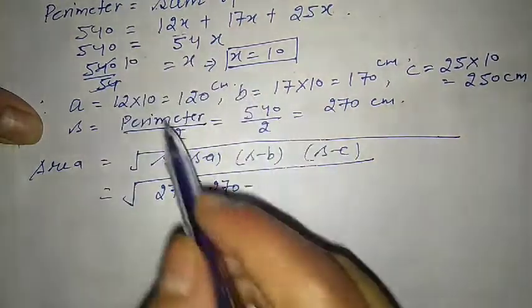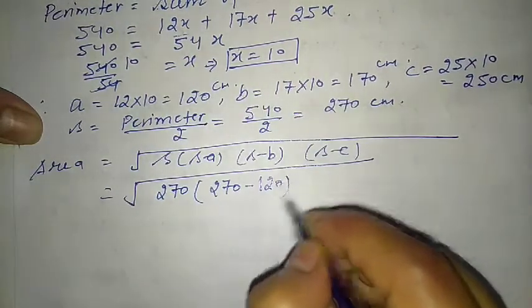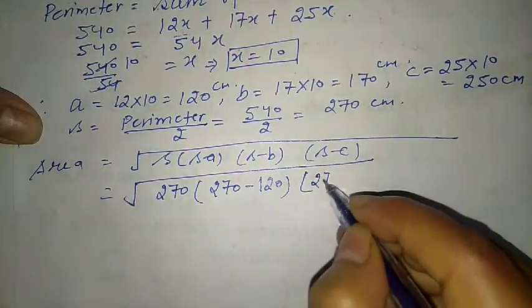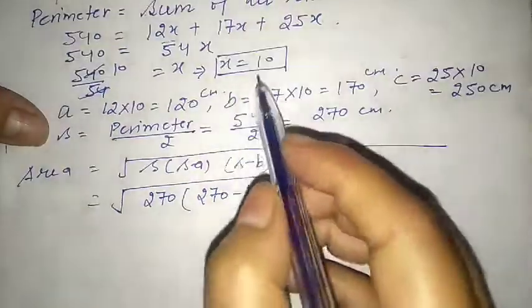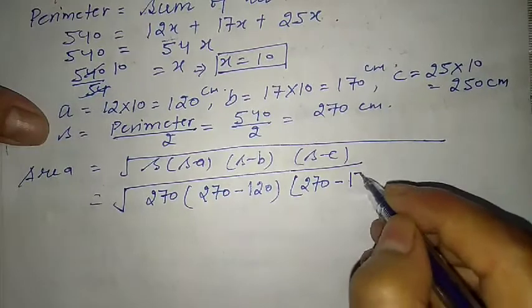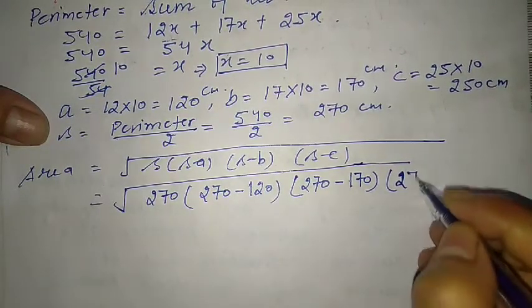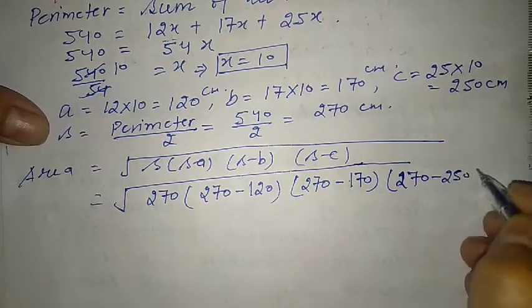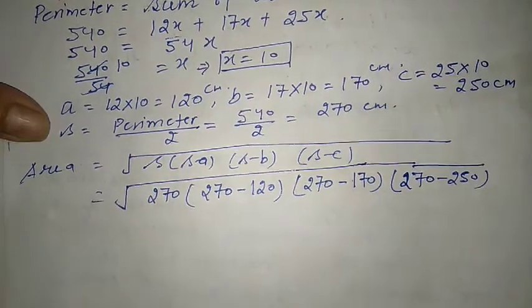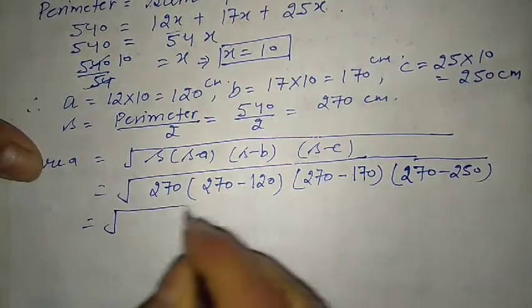270 minus A, which is 120. 270 minus 170, and the third one is 270 minus 250.